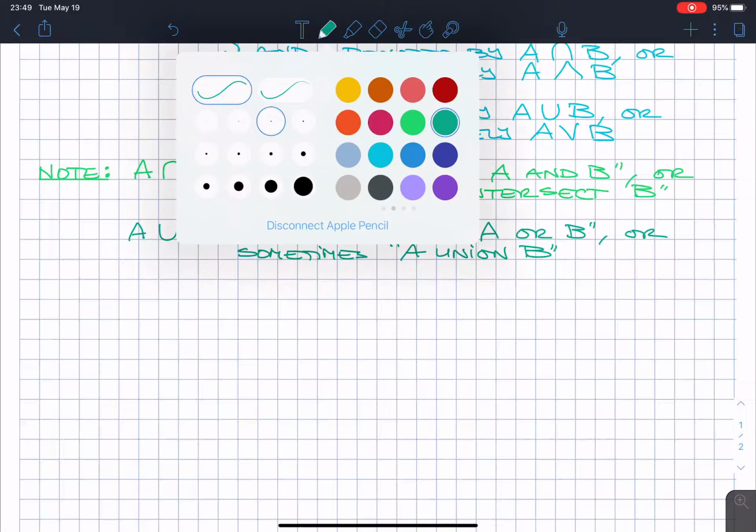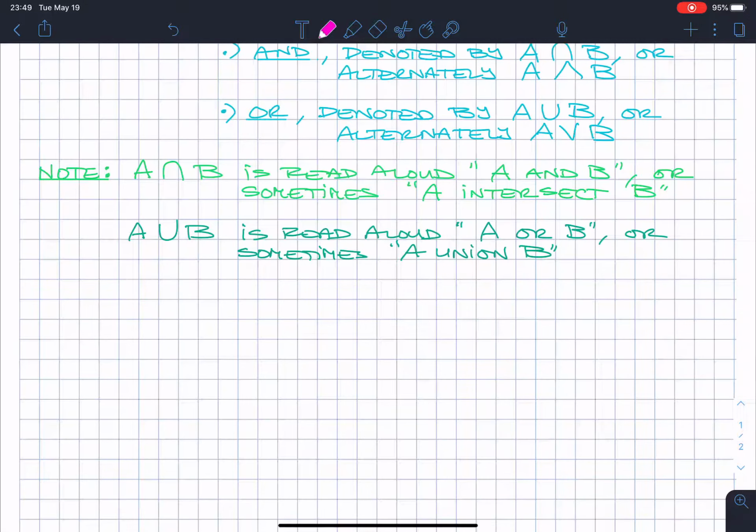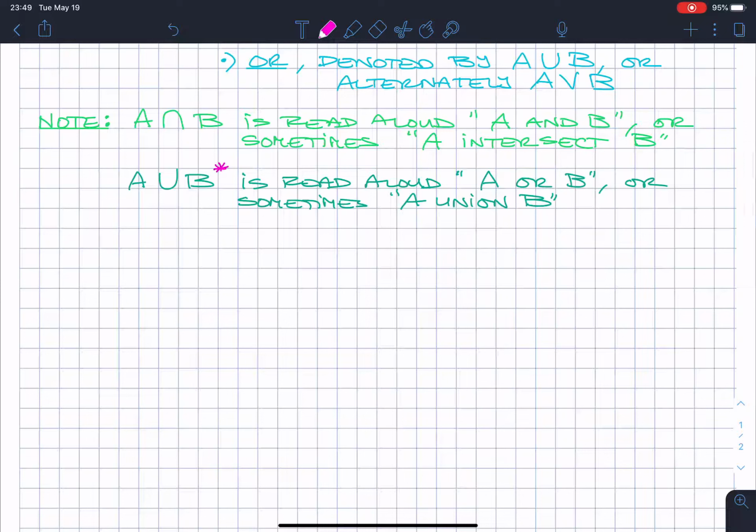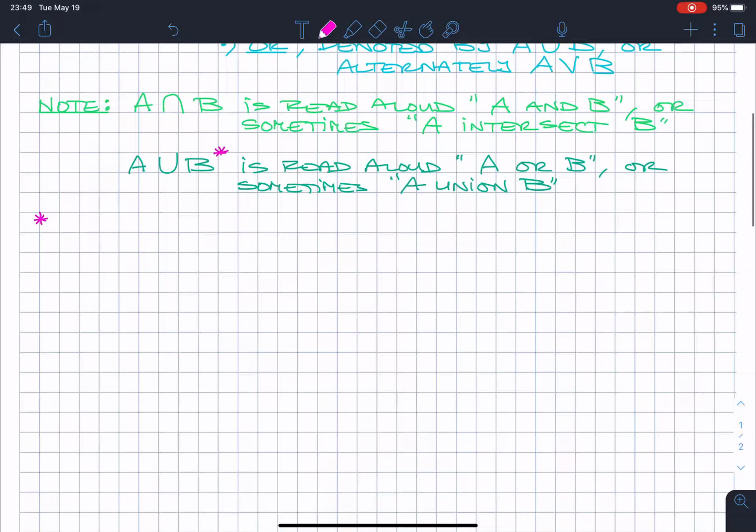Okay, and I want to put an asterisk here for this one. So let me put the corresponding footnote here, which is as follows.